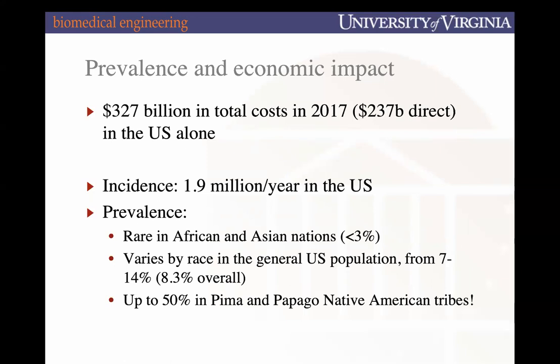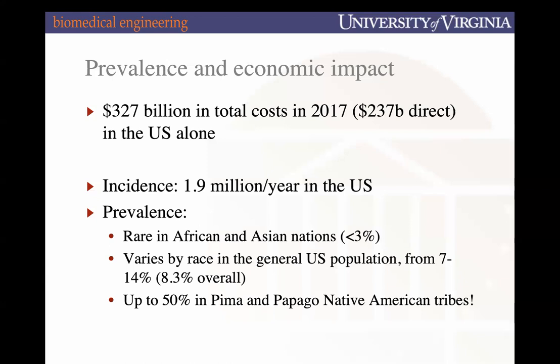Forgive me. As of 2017, I couldn't find updated numbers for 2023, but the total cost, that means direct and indirect effect, is $327 billion in the United States alone. And the direct effect, which means direct clinical expenses, is $237 billion.